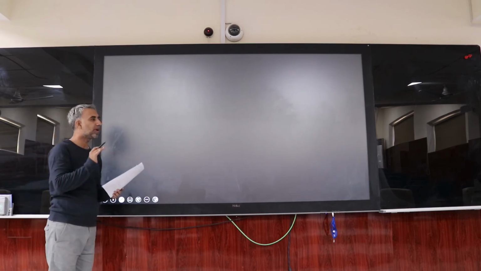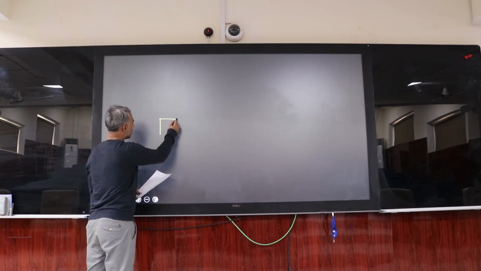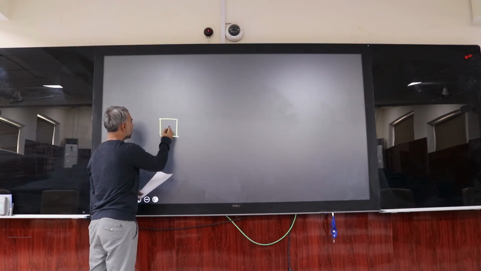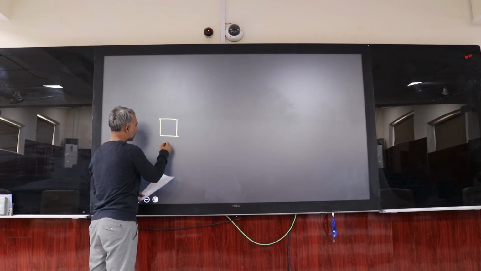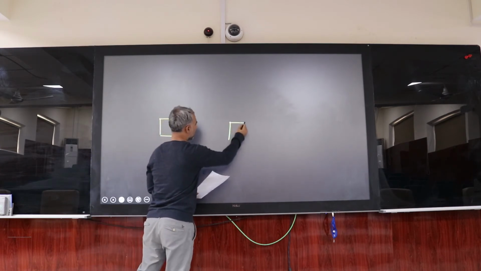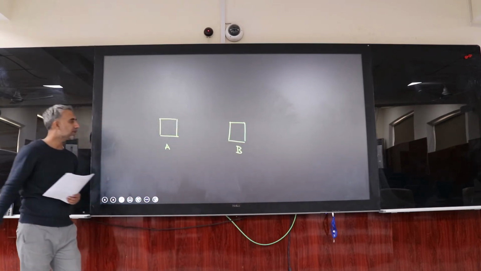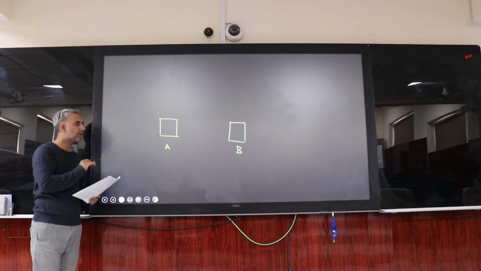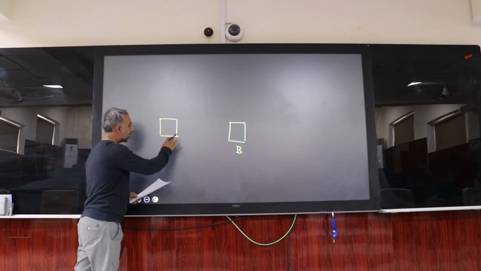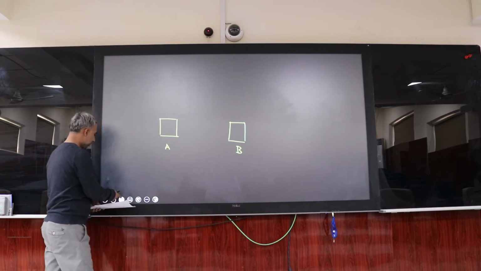For example, you want to do some work, and in this work you want to push some block from position A to another position B. Of course, on a floor, along the x-axis, you will drag it or push it, and some force will be applied.